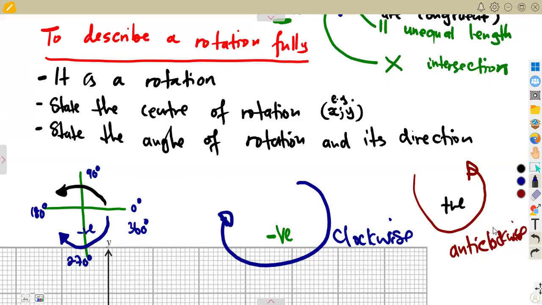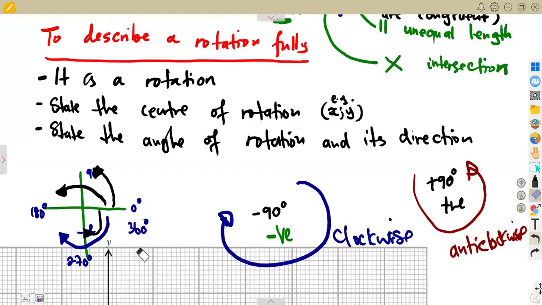A clockwise, using this consideration, these are negative angles. So the moment I see a negative 90 degrees, what does it mean? It means 90 degrees clockwise. The moment I am given a positive 90 degrees, it means 90 degrees anti-clockwise.